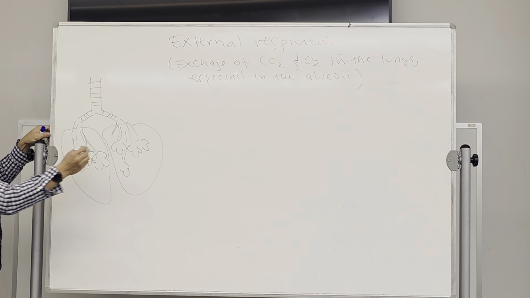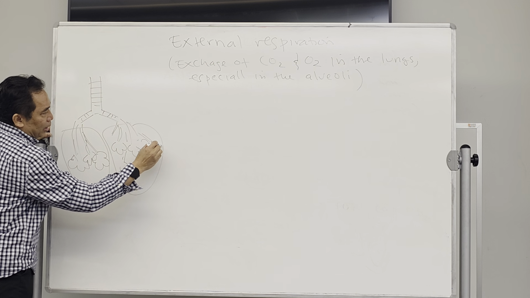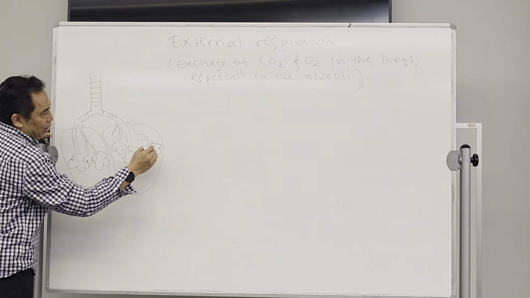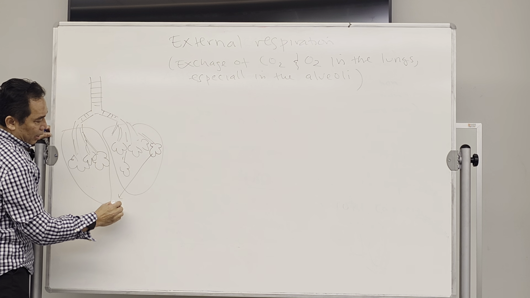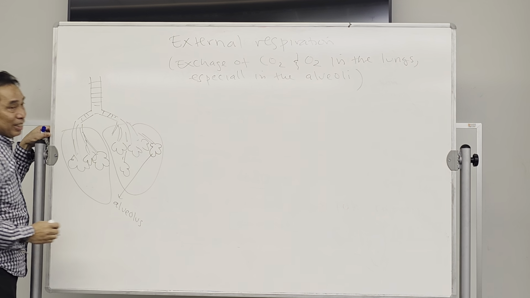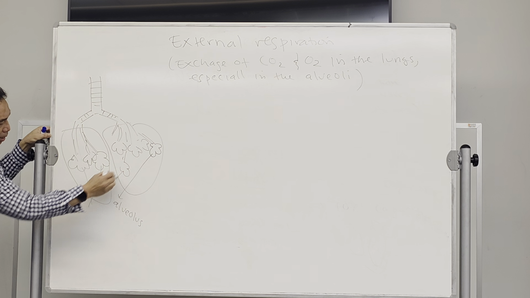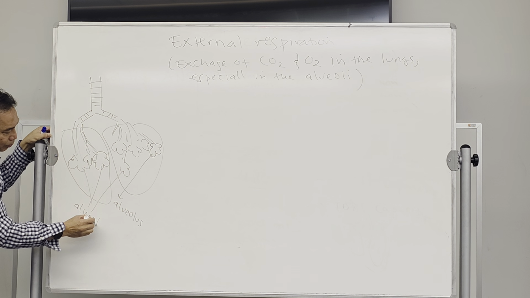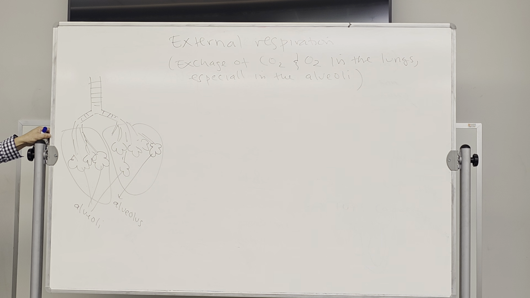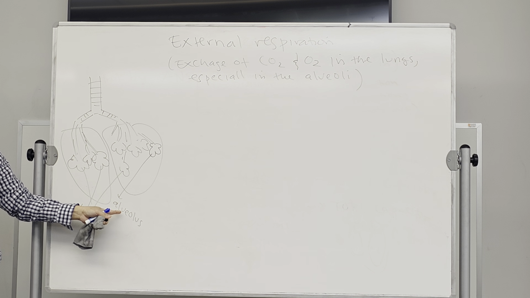Okay, so this structure over here is called the alveolus. One alveolus. Many of them are called the alveoli.